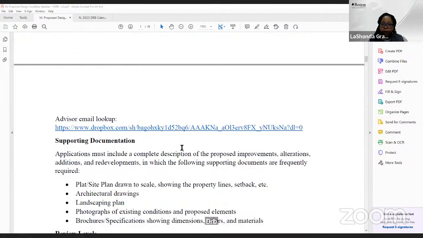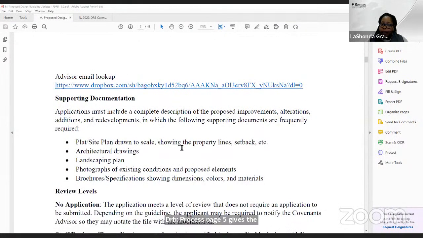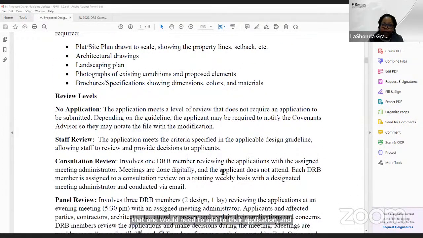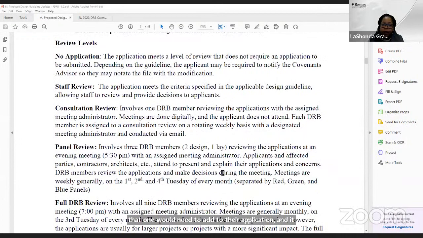Page 5 gives the supporting documentation that one would need to add to their application, and it gives a rundown of all of the different types of review levels.